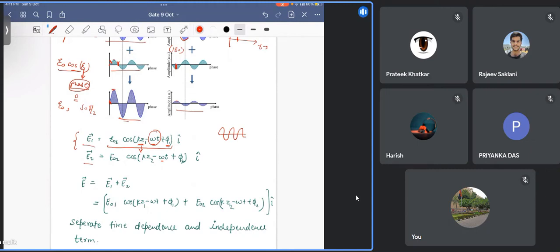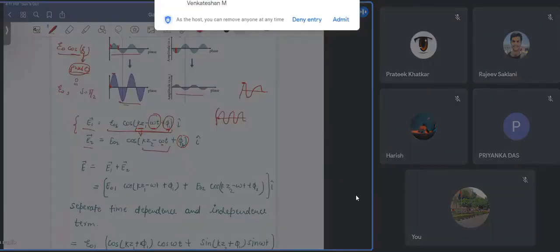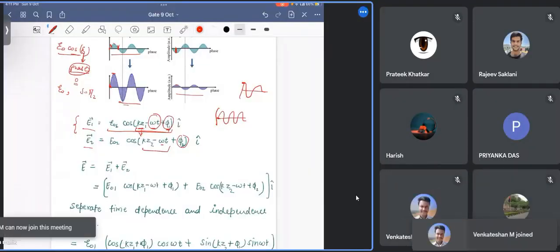These terms are constant. For example, you may have a wave which has some amplitude at time t equals 0, but another wave which has this amplitude. So phi 1 and phi 2 are the initial phases of the waves at time t equals 0. As the light propagates, this phase will change according to this relation.